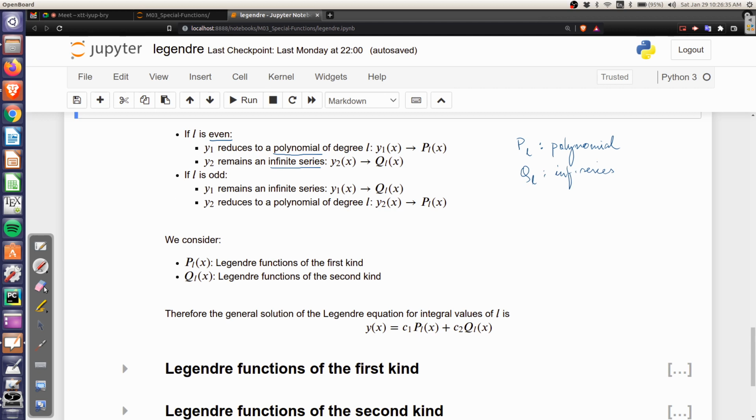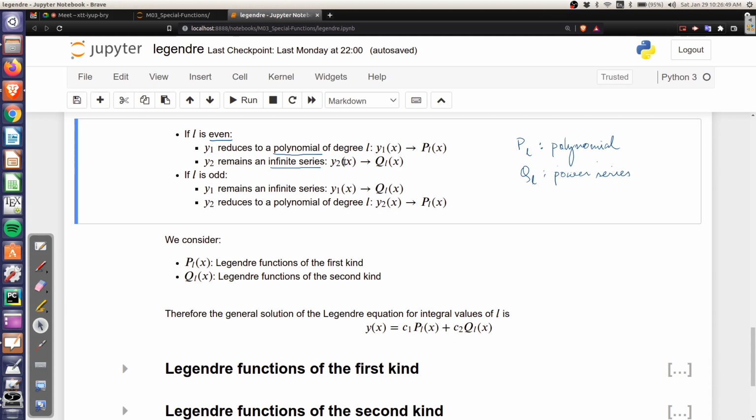Not an infinite series, a power series. I should be more specific here. It's a power series, and in case L is odd, y1 remains a power series. Let me make the correction here also.